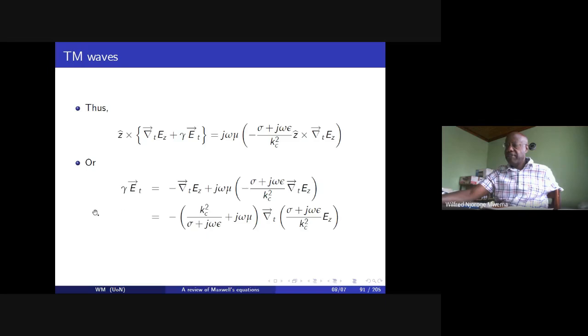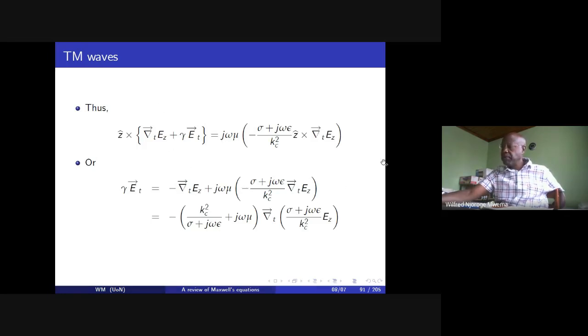And what we have is that gamma E_t is equal to that value there. Notice the z cap cross and the z cross tells us we can always drop out this z cap cross on both sides. It's the same. This is multiplying that gradient there, and this is multiplying that vector there.